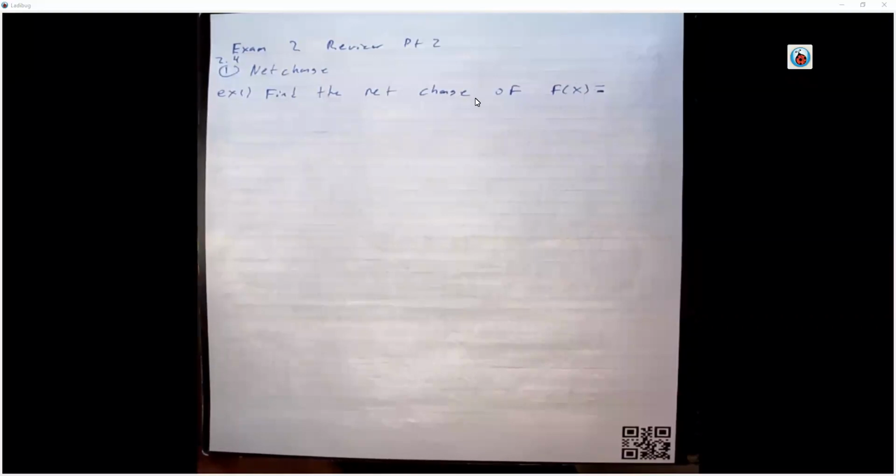Anyway, the only thing I'm going to ask for 2.4 is net change. Well, two things. First thing is net change, so let's do one of those real quick.